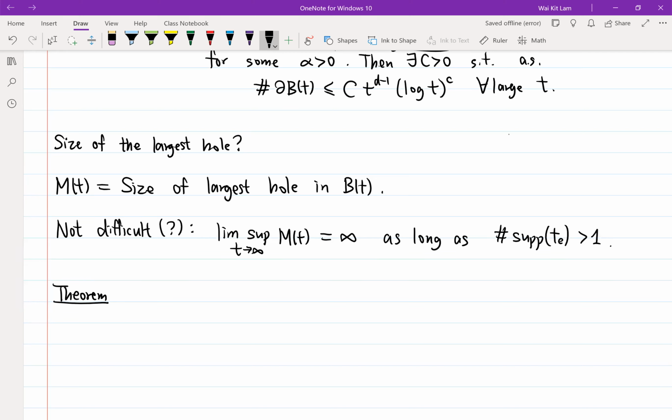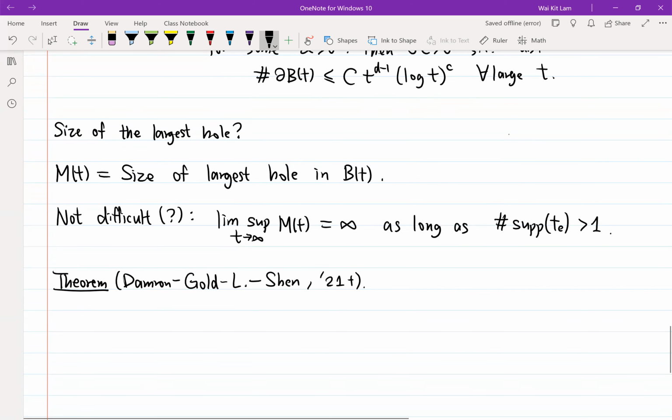So in an ongoing project with Michael Damron, Julian Gold, Xiao Shen and me, we are able to say something more about this M(t), the size of the largest hole.